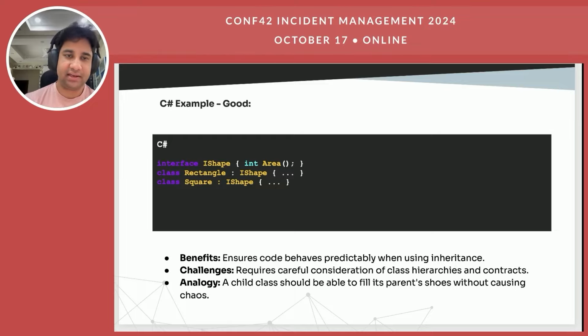And then when class rectangle and square implement the IShape interface, they can implement the details of the area within themselves. Here, the class rectangle would have its own integer width and height, but class square will only have side. It doesn't have to force two attributes. And the area inside the rectangle would be height into width, and in square, it would be simply the square of the side.